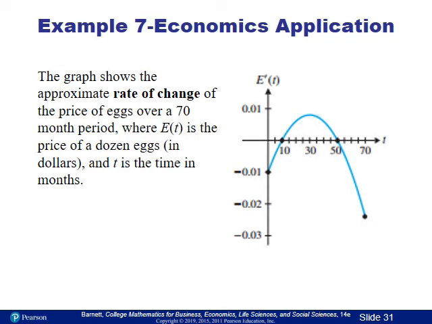Now here we can discuss some examples related to economics. This is the graph of a derivative. When derivative is positive, function is increasing, right? You see that from this point till x equals 10, or we can say that from here up till here x equals 30, derivative is positive.